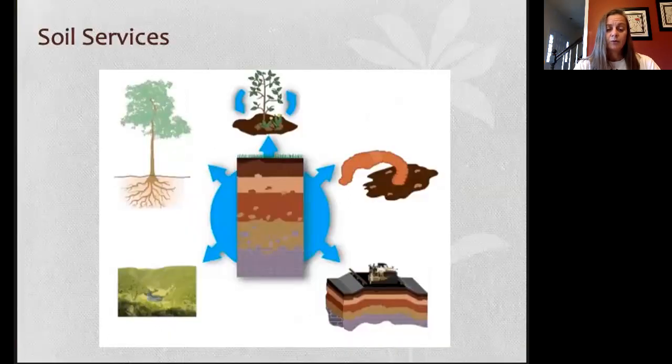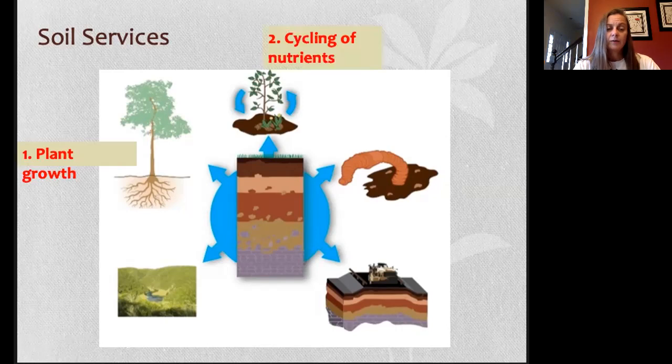Okay, so soil provides a lot of ecosystem services, from growing plants. Obviously, kind of its number one ecosystem service is to provide an area for plants to grow. It also assists with the cycling of nutrients. Most of the nutrient cycle for nitrogen occurs in the soil, as well as the phosphate cycle.